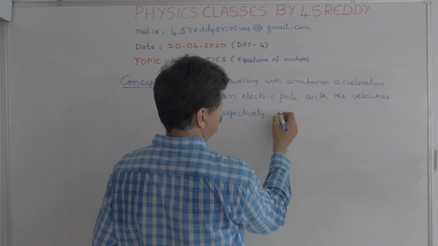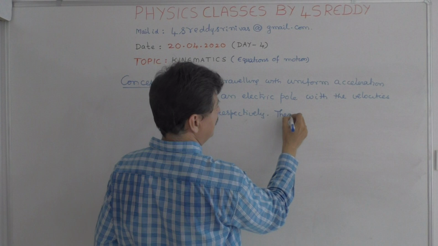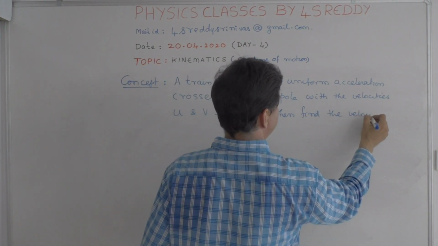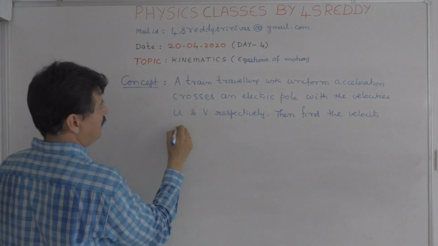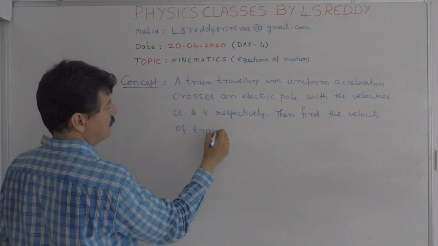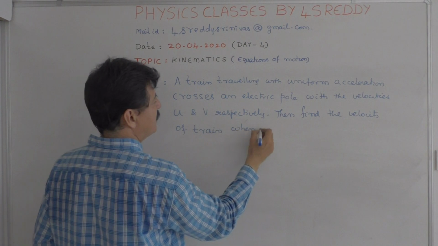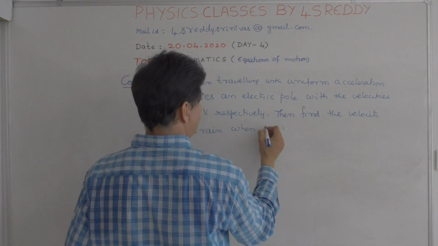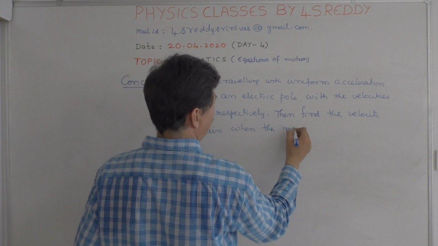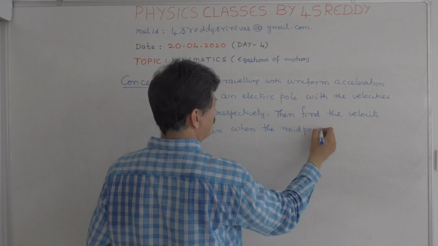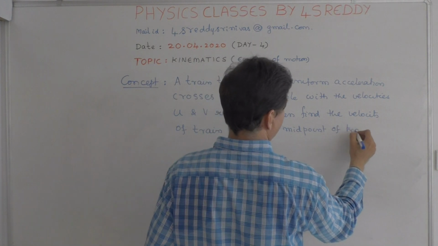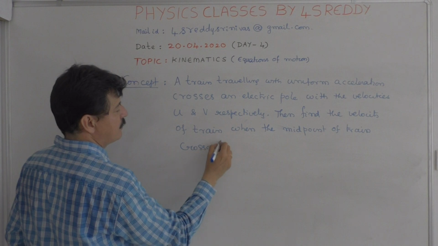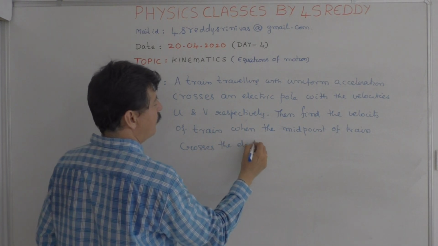Then find the velocity of the train when the midpoint of the train crosses the electric pole.